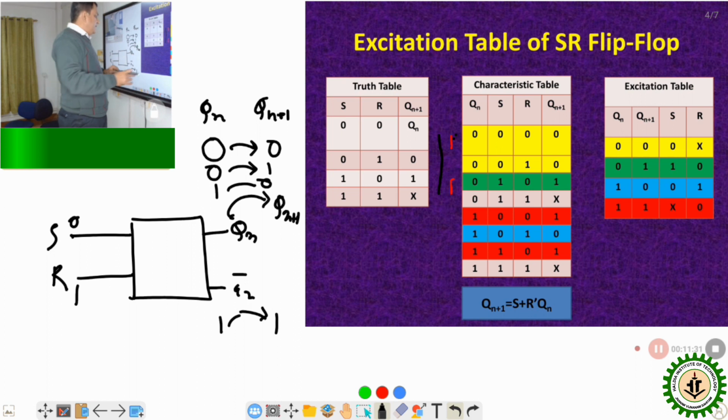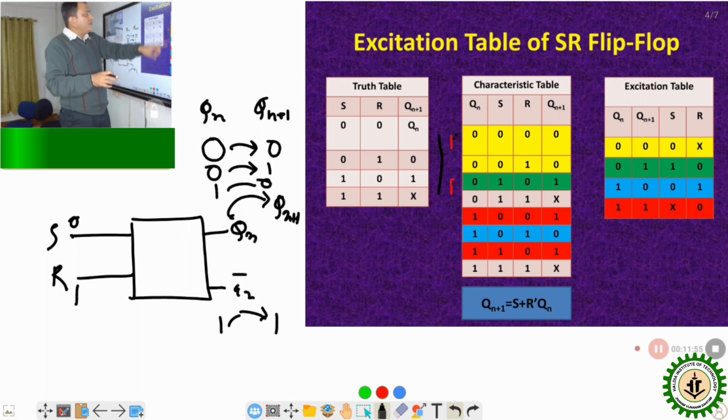Now look at this, the first column. In the first column, Qn is 0 and it is changing to 0. Next state is also 0. Now we have to find the possible combinations of S and R that will produce a 0 when the previous condition was also 0.